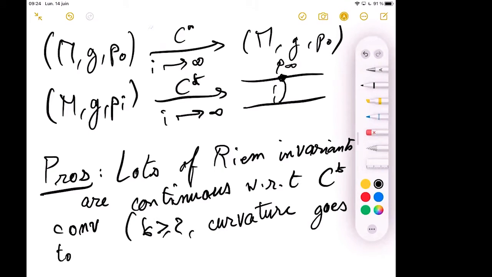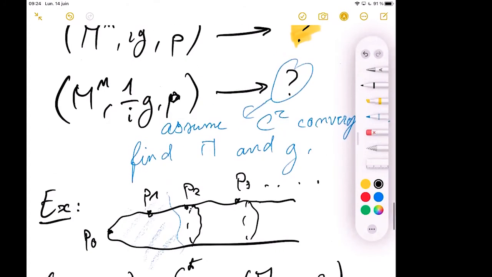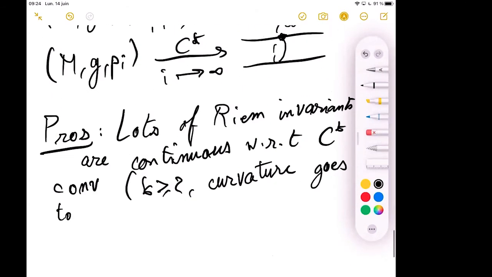And this is used in at least my solution of the last exercise here. So that's good. We have a lot of continuous functions. So this is a very strong topology. So diameter will be continuous, volume will be continuous without any restriction, and so on.